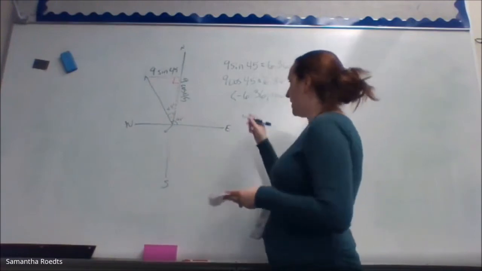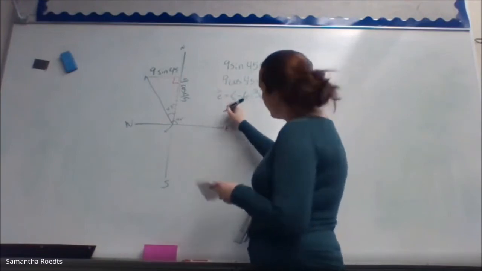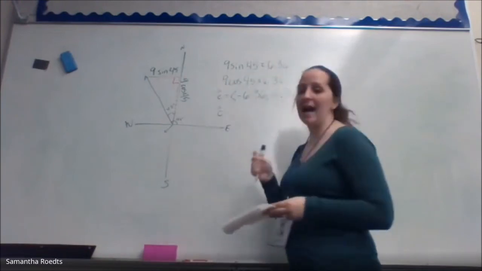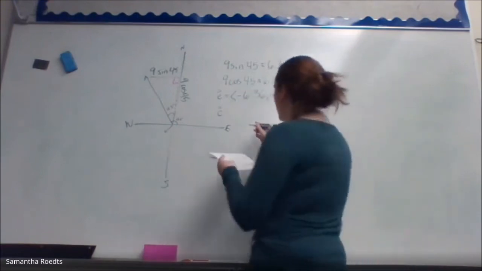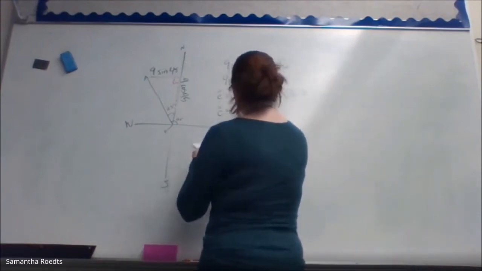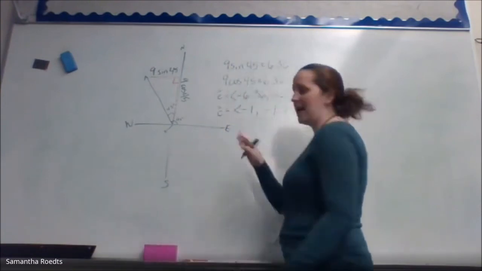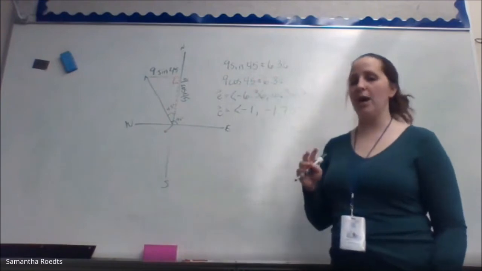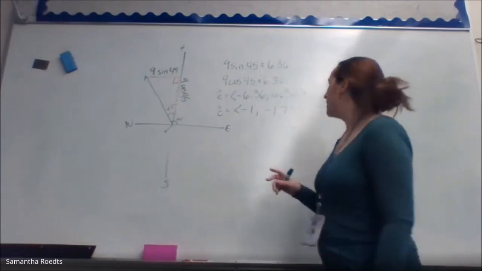From here, I'm going to take, so this was E, that's my engine. My C is going to stay the exact same from the previous example. So my vector for C is going to stay negative 1, negative 1.73, because that didn't change. That 2 miles per hour at a 30-degree angle, that didn't change. Okay.